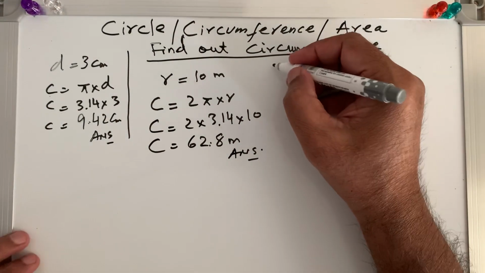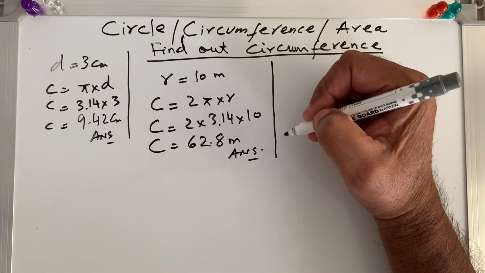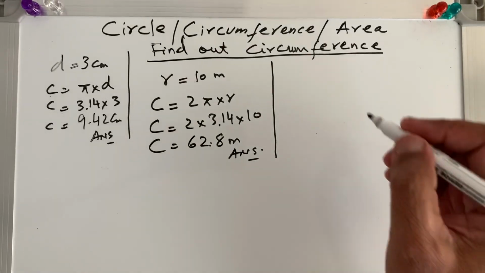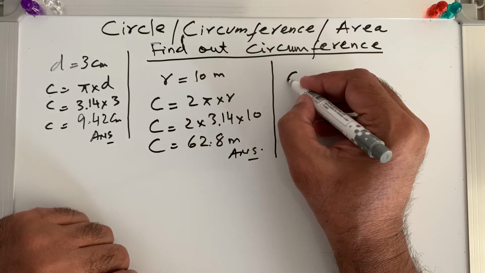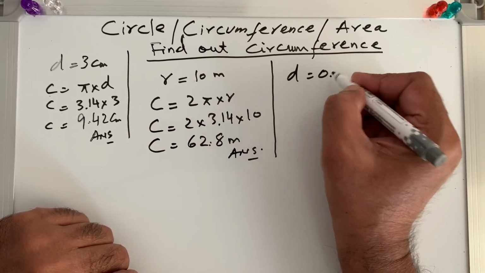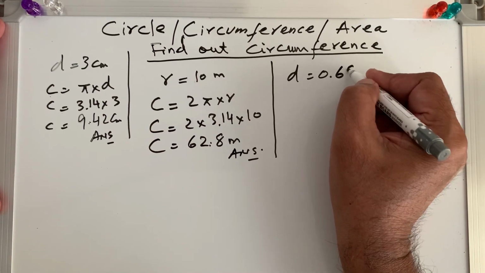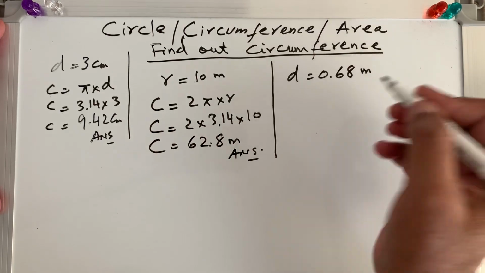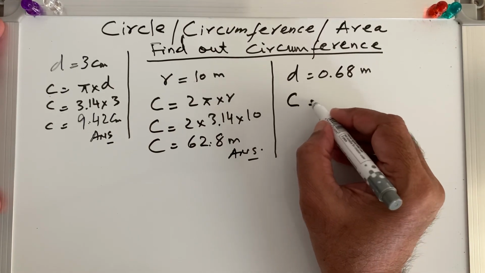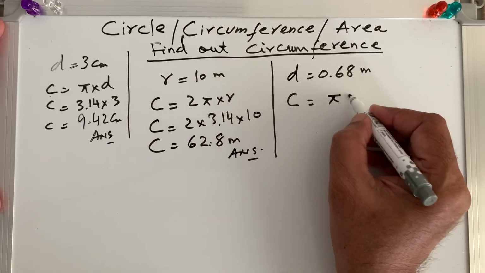Now we see another example. D is equal to 0.68 meters. So the circumference of the circle is equal to pi times d.